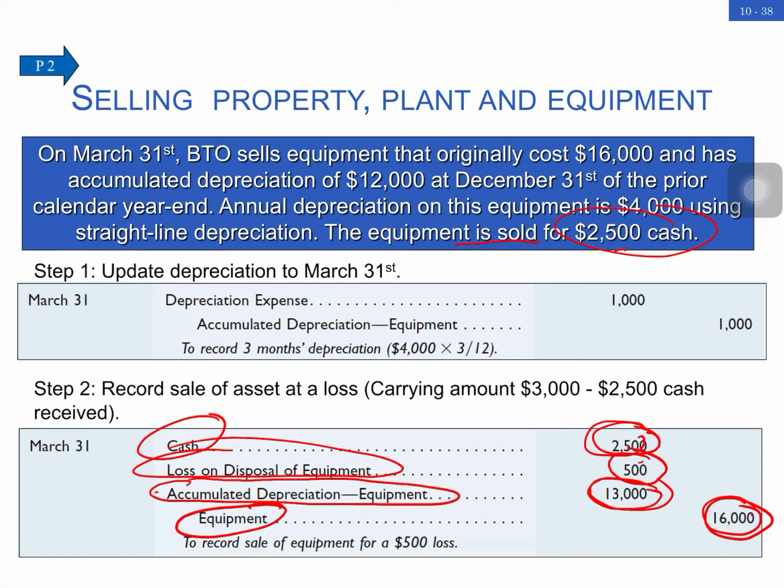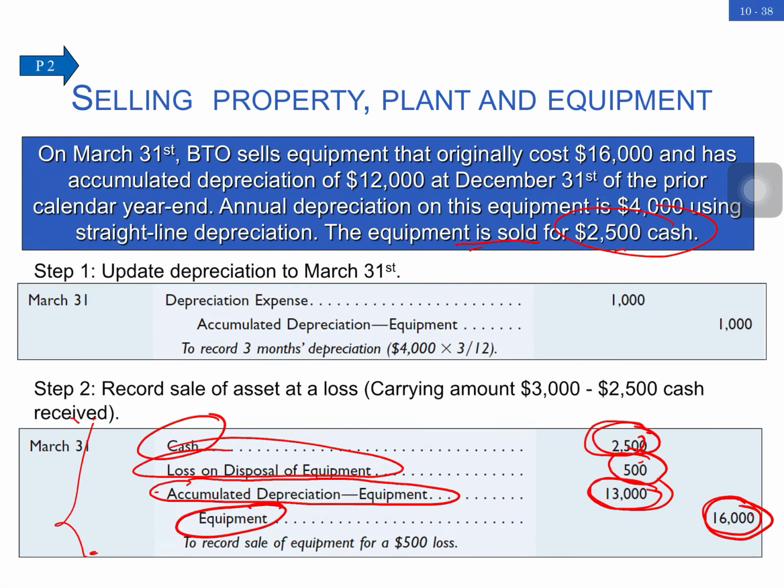Okay, but we can also change this illustration. We can also sell this for 3,500, and then you can change the journal entries on your own.